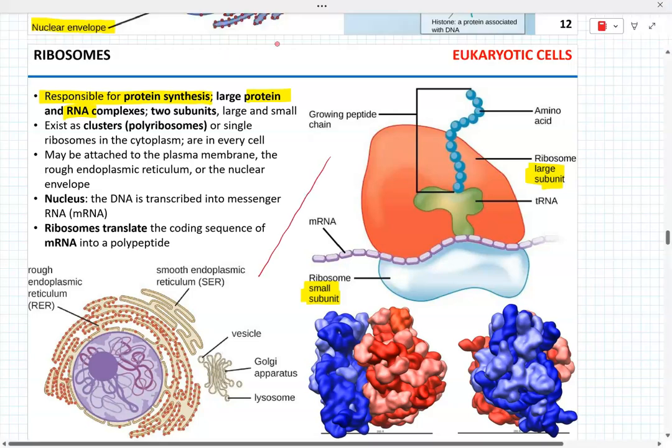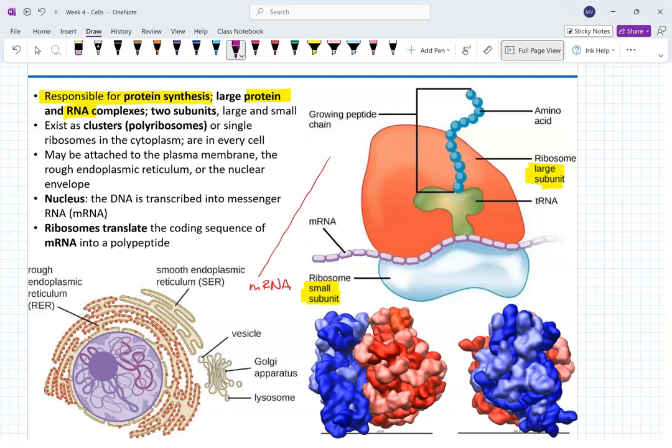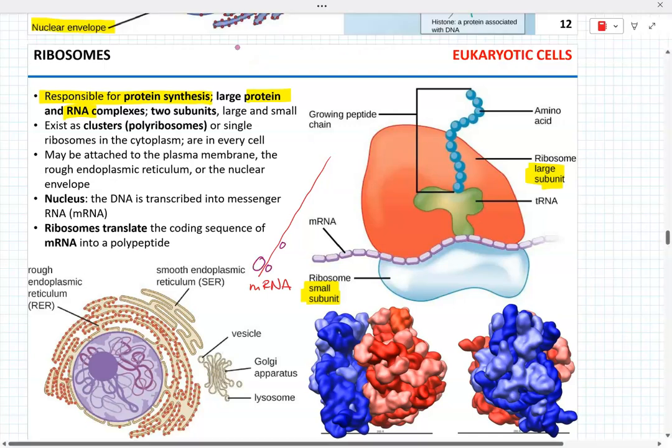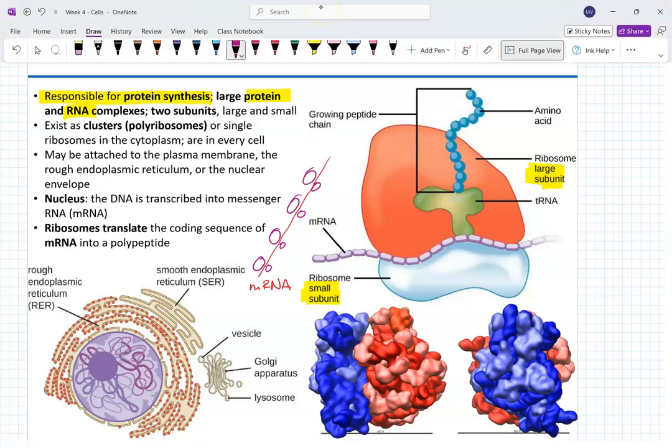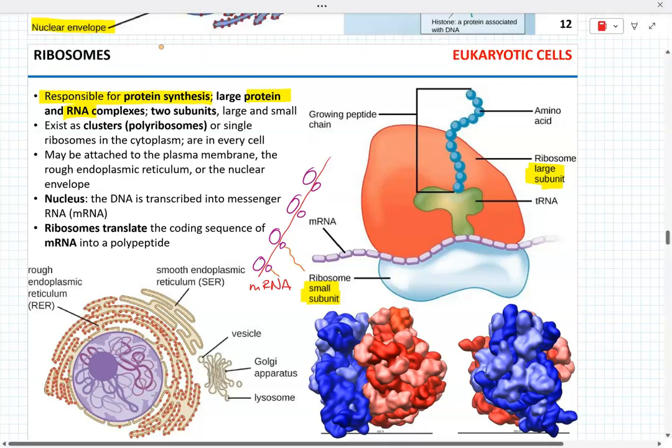So for instance, if this is the mRNA molecule and ribosomes attach to it, they will attach to it like clusters that are called polyribosomes, and each ribosome in this cluster will produce a polypeptide chain.